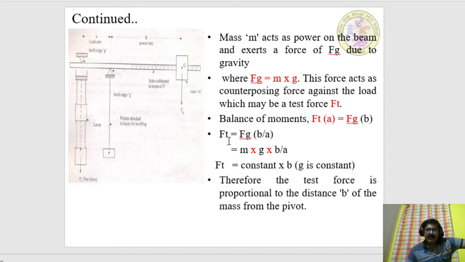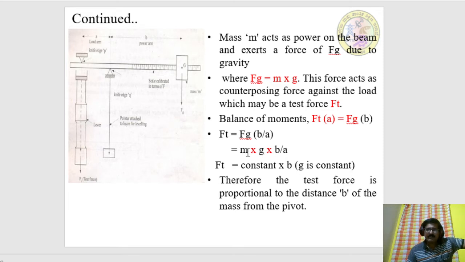Now Ft is equal to, when I interchange the terms from this equation, Fg into B by A. I send A to the denominator, then instead of Fg I can write m into g into B by A. So Ft is equal to a constant into B, where g is a constant.